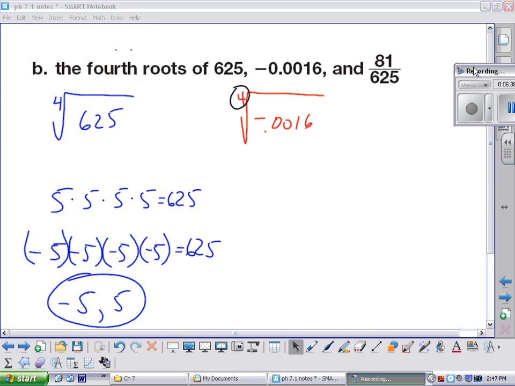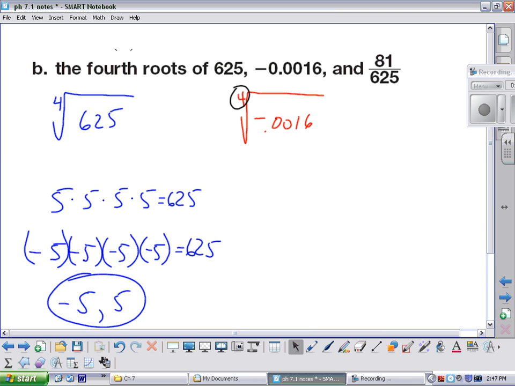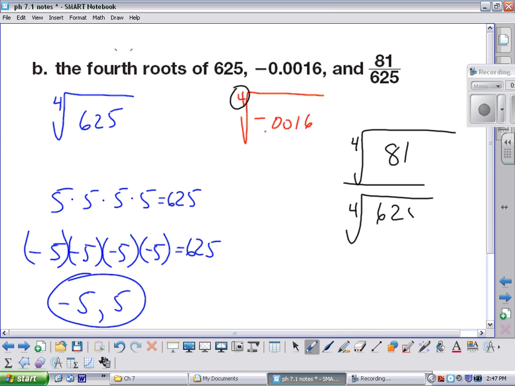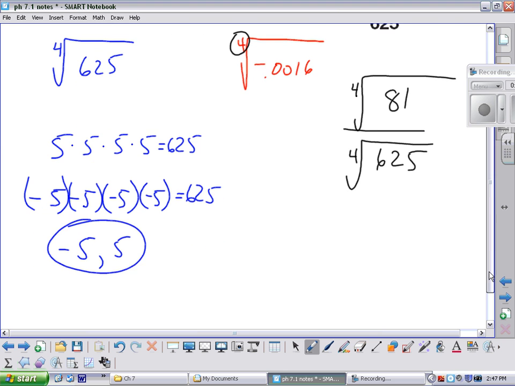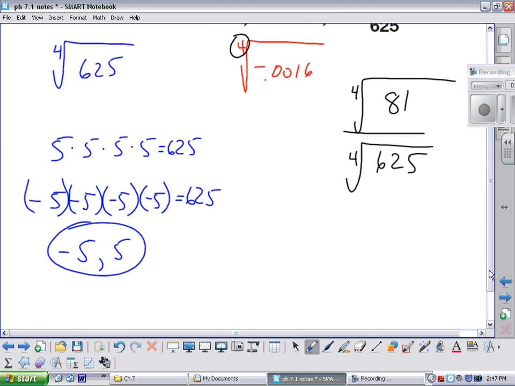Now the 81 over 625, let's look. Symbolically, it looks like this: the fourth root of 81 over the fourth root of 625. And we know the 625, we've already done this: plus or minus 5 there. And on the top, 3 times itself 4 times is 81.